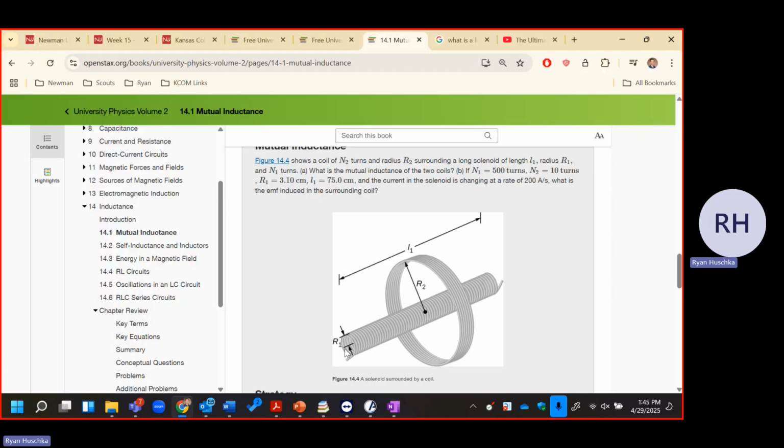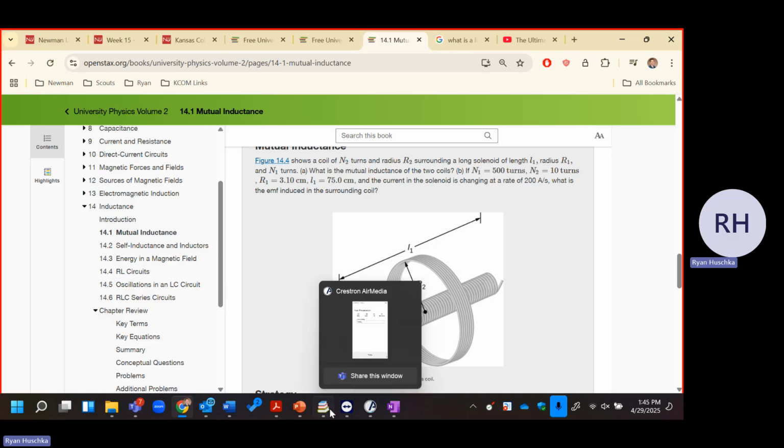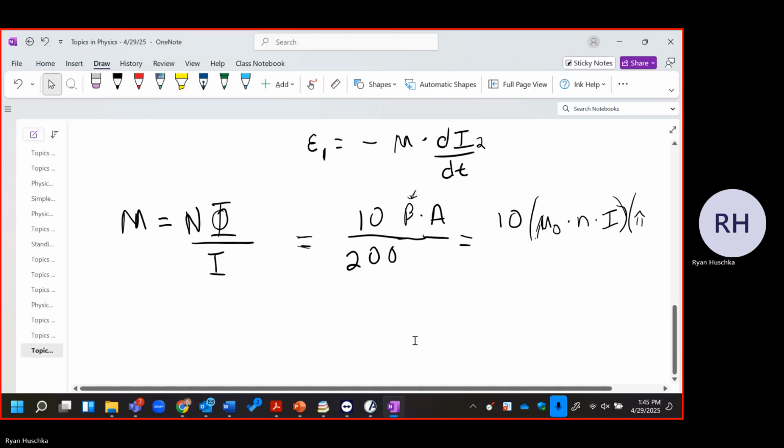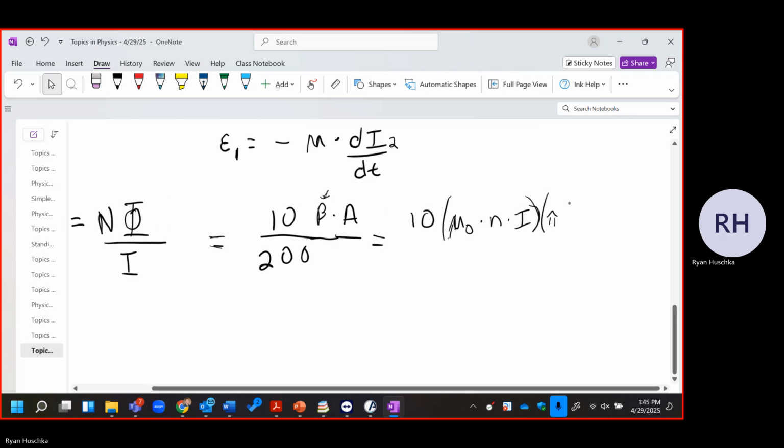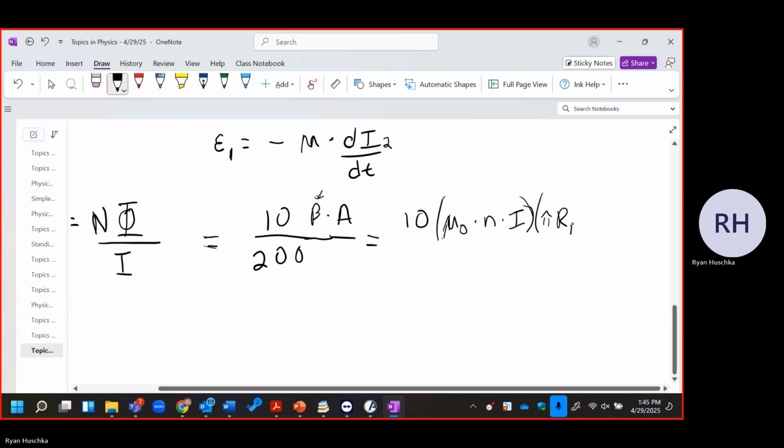And what are we looking at? We're looking at our middle, our little one, for a solenoid. So we look at R1. All right, now we plug in some numbers. We've got 4 pi times 10 to the negative 7th.